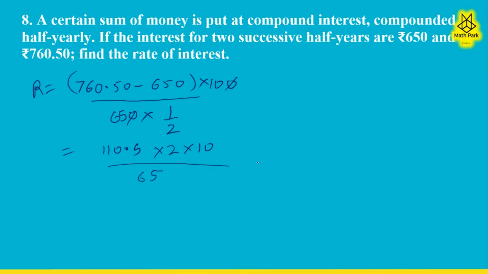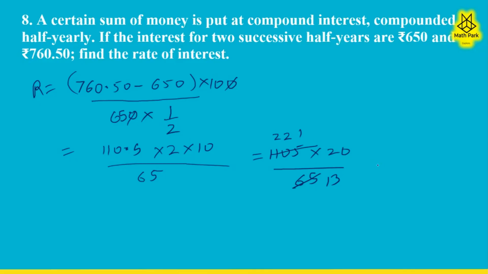So let us make it 1105 into 20 upon 65. So 65 is divisible by 5. I get 13, and 5 2s are 10, 5 2s are 10, 5 1s are 5.